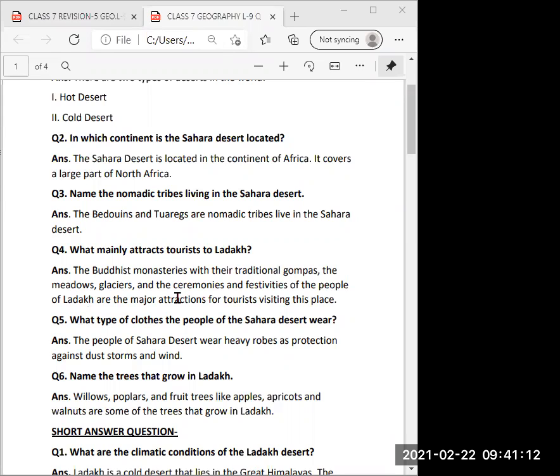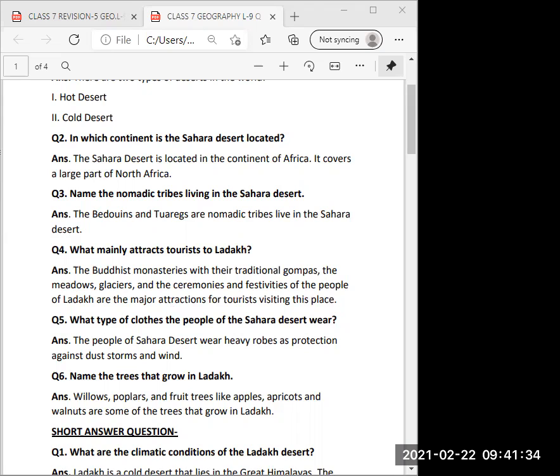Where Buddhist people live and do the religious worship, that is a monastery. So Buddhist monasteries with their traditional gompas, it is a religious place.